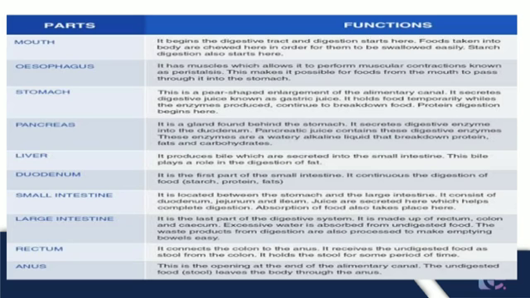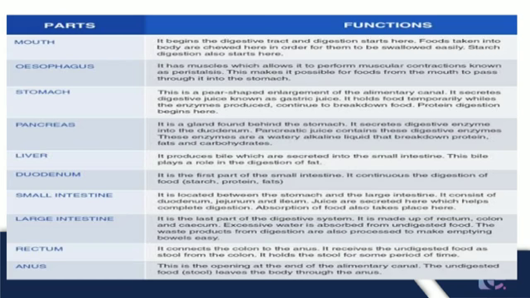Similarly, the esophagus has muscles which allow it to perform muscular contractions. These muscular contractions are known as peristalsis, and this movement helps the food to pass through the alimentary canal and go to the stomach.